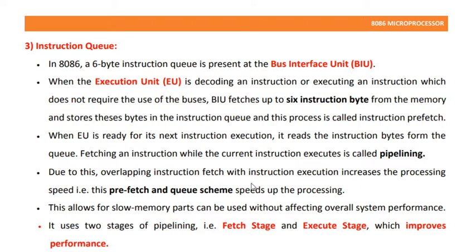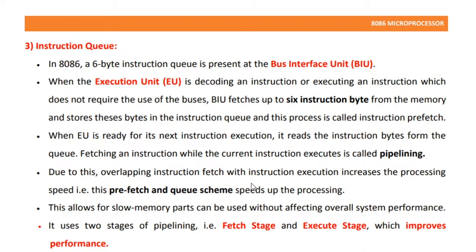Now, in order to facilitate the storage of the prefetched sequence of bytes, the bus interface unit has in it an implementation called instruction queue. 8086 microprocessor has an instruction queue of 6 bytes in length.